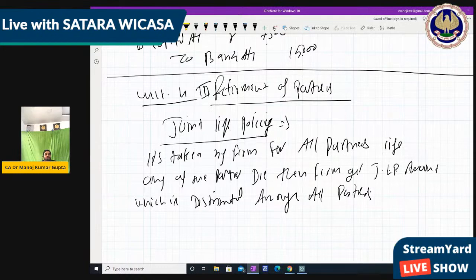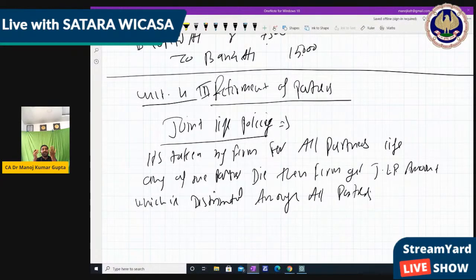You say, sir, we should give it to the deceased partner only, because of the partner who died we receive the money. Yes, that's correct. But the premium is paid by the partnership firm, so the premium is paid by all partners. So definitely the benefits should also be given to all partners, whether one partner is dying. So that is a question.